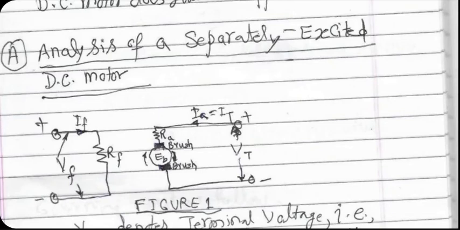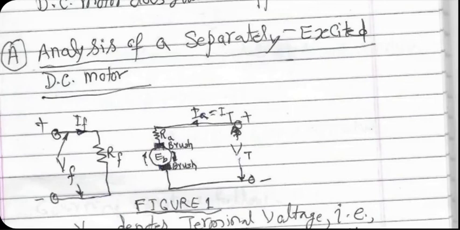I'm not calling it V because I know it's the voltage you are connecting across the motor to make it work. And I'm also going to call the current going into the motor the terminal current IT. A lot of books call it IM, motor current, and VT sometimes will be referred to as VM, motor voltage. But I stick to my notations for now.